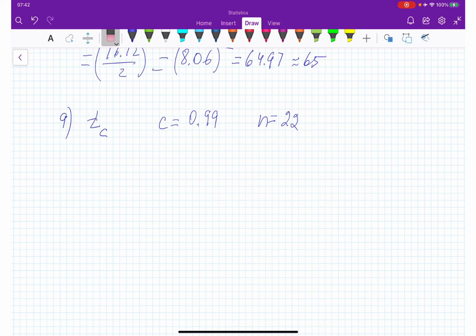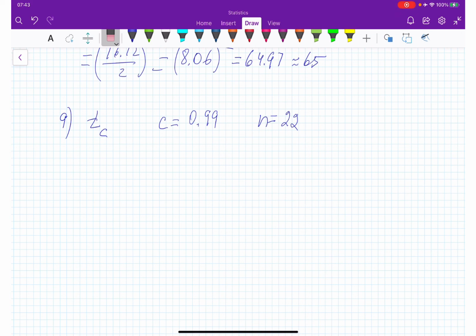Okay? So, for t-score, we are going to open the table for t-score. I don't think I can attach the table in the comment, but you have it here. I see it's giving you the t-score table on your MyMathLab.